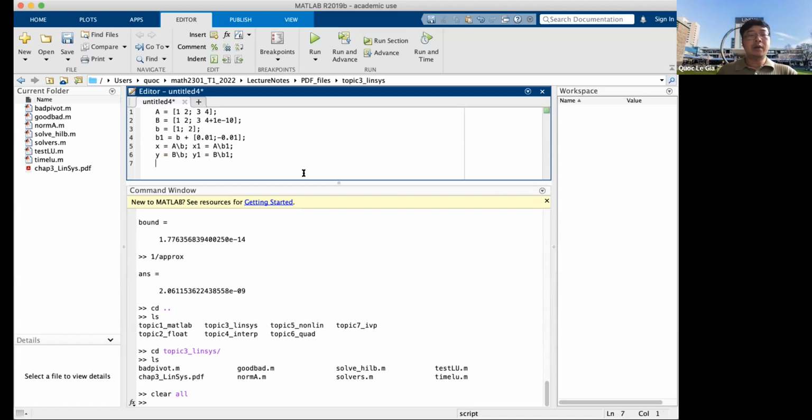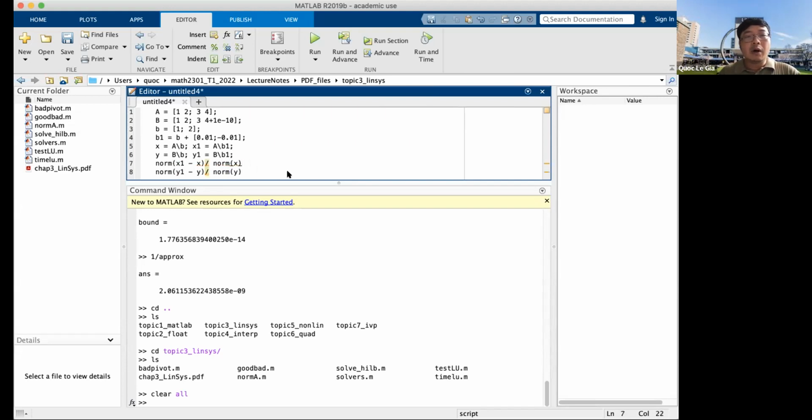And now I compute the relative errors. So now I have the norm, right? Remember the norm is the one we just introduced, and we can use the function norm. Now we compute the relative errors: the norm of x1 minus x divided by the norm of x, and then the norm of y1 minus y over the norm of y.